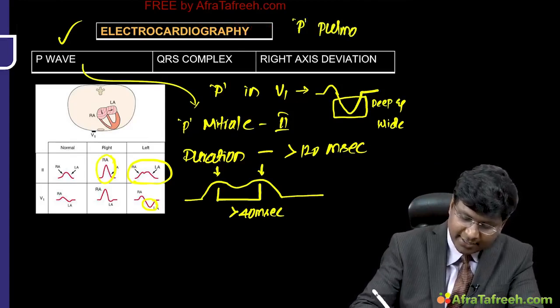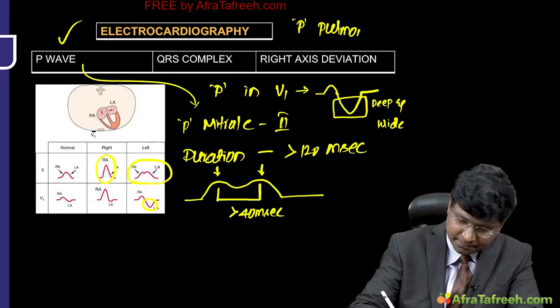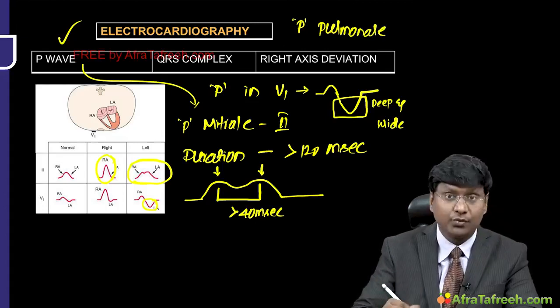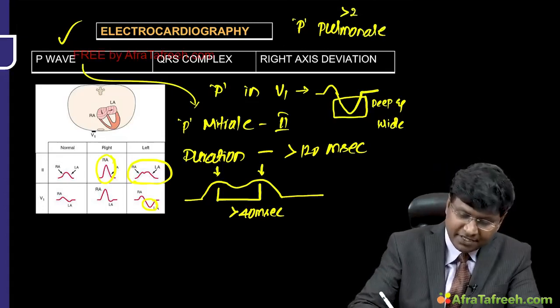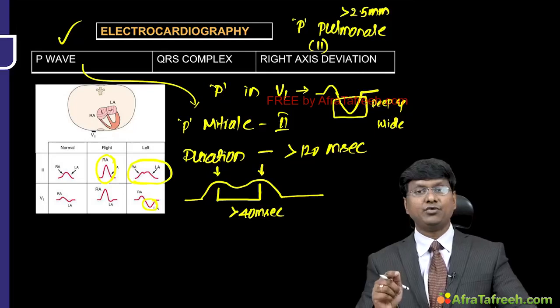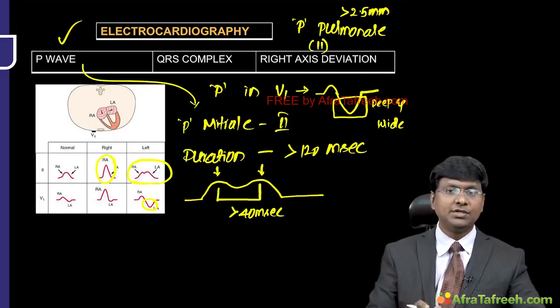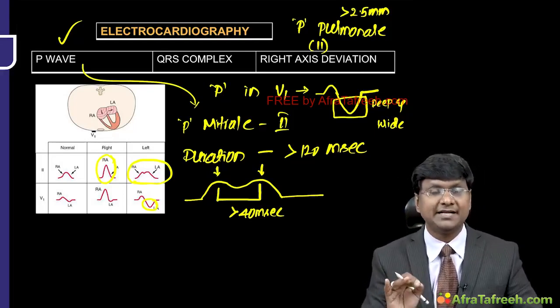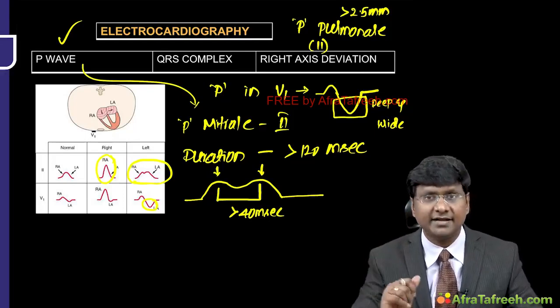P pulmonale is where the amplitude of the P wave will be more than 2.5 mm in lead 2. That tells that the individual has right atrial hypertrophy.